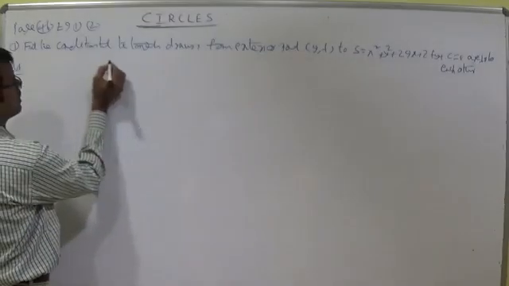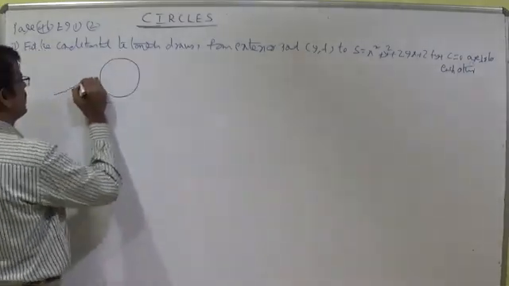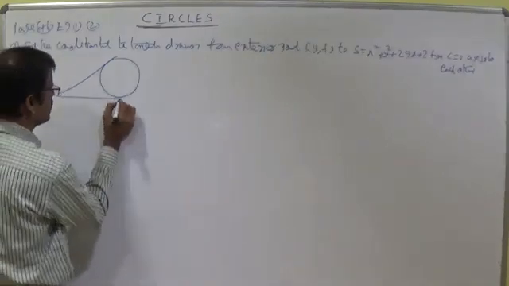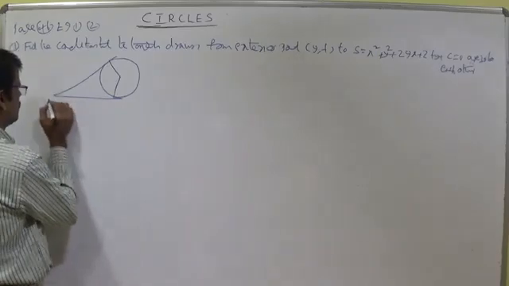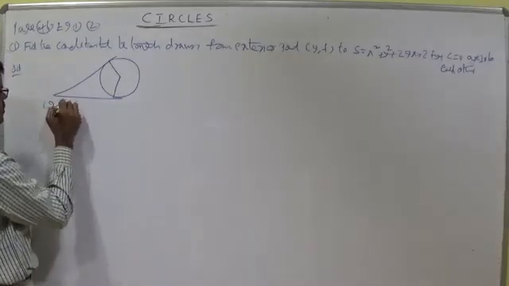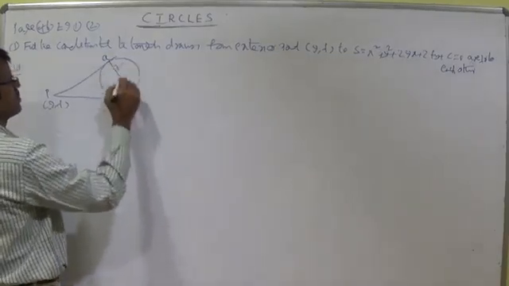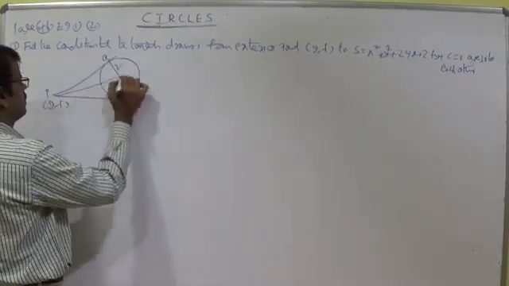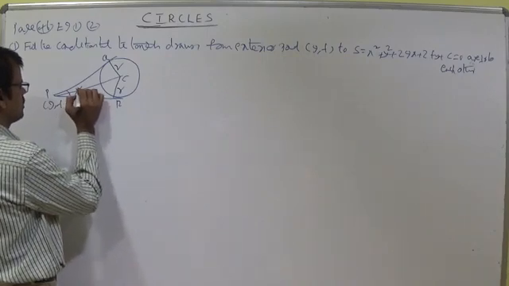Find the condition that the tangents drawn from a point G comma F. You put the name: this is P, G comma F, this is the center, this is Q, this is R. This is small r, the radius, and draw like this, it becomes theta by 2 and this is also theta by 2.